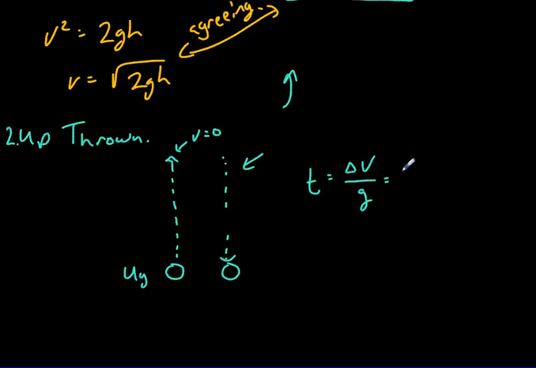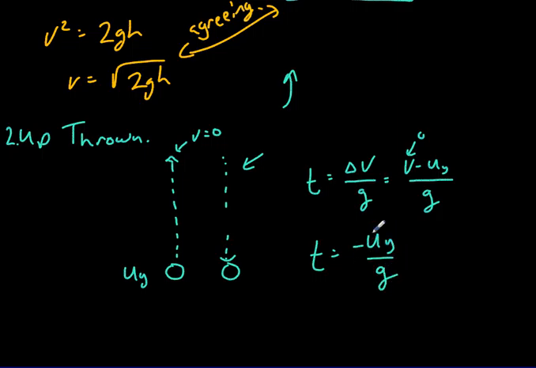Well, this should be final minus initial, so v minus u in the y over g. And just continuing down here, t then should be equal to, if its final velocity is 0 when it's at its max height, negative uy over g.